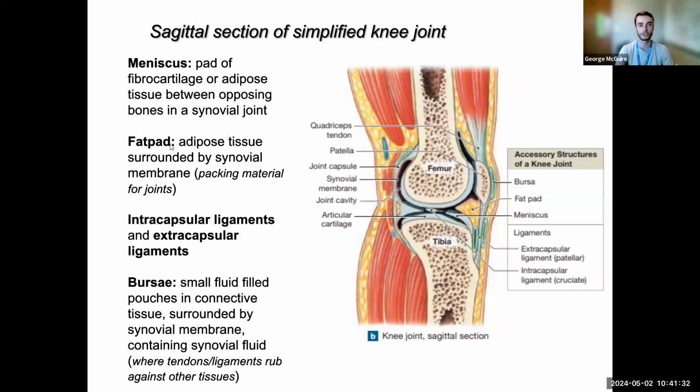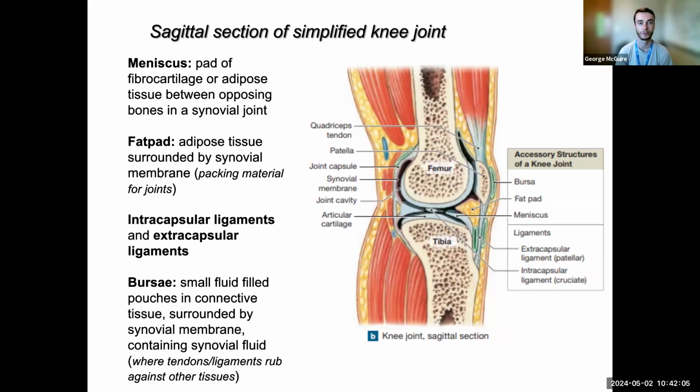Very similarly, we have structures called fat pads that aren't necessarily already in position to protect against that movement, but rather act as extra packaging material, like in a shipping container. So you add a bunch of those little soft peanut looking things or bubble wrap, and as the contents of that package move, those peanuts and bubble wrap are going to shift and help prevent extra damage, friction, contact between the components of that package.